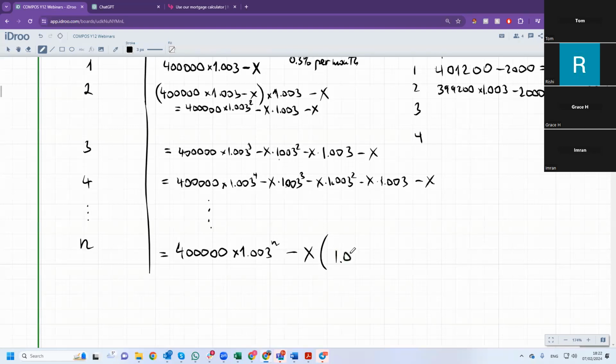It's 1.003 to the power n minus 1 plus 1.003 to the power n minus 2 plus etc. plus 1. Does everyone see that? Is there anyone who doesn't see how I got here?